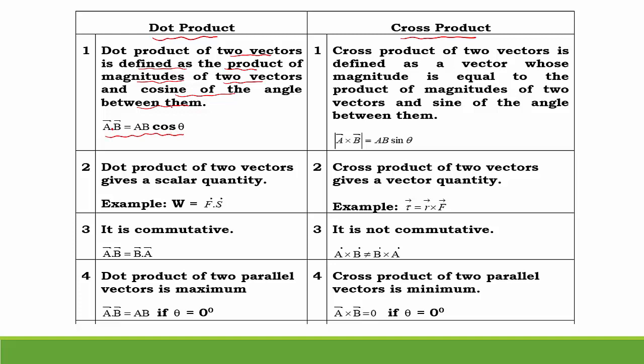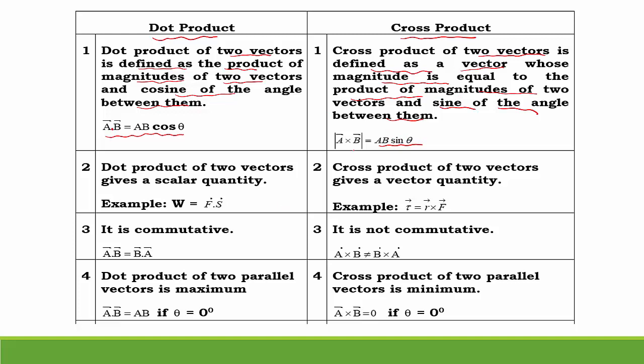Similarly, cross product of two vectors is defined as a vector whose magnitude is equal to the product of the magnitudes of the two vectors and the sine of the angle between them. That is, vector A cross vector B equals AB sin theta. This is the definition of dot and cross product.